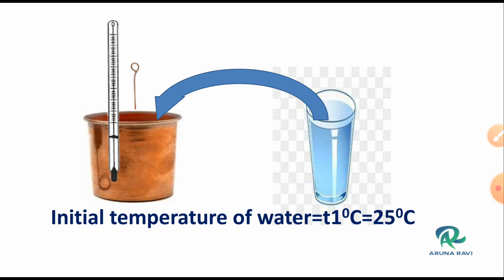I poured some water in the calorimeter. Previously, I measured the initial temperature of that water, T1 degrees centigrade, here 25 degrees centigrade. With the help of the thermometer, you have to measure the initial temperature of the water. So M1, M2, T1, three readings we had taken.